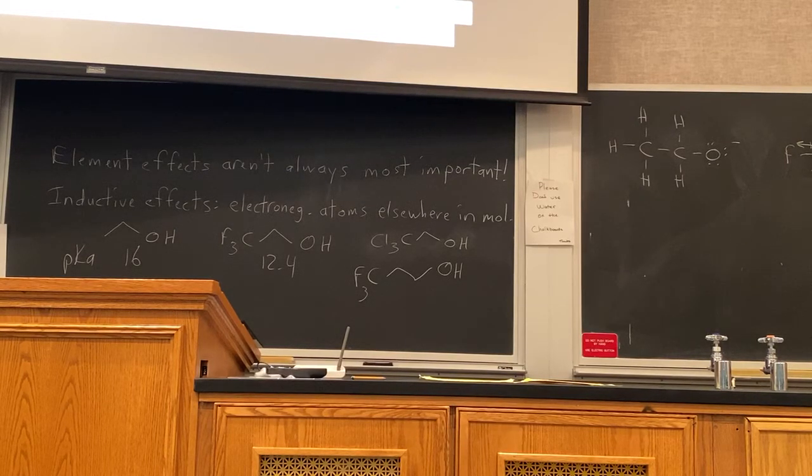This is one of the strongest ones you'll see, because this is 3 of our most electronegative atoms very, very close to the negative charge in the conjugate base. So you're not going to find an inductive effect stronger than the one here. Most of them are going to be on the order of 1 to 2 pKa units. Whereas with the other 3 effects, sometimes we'll see a difference of 10 pKa units or more.